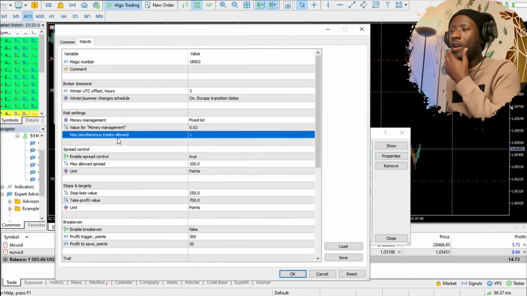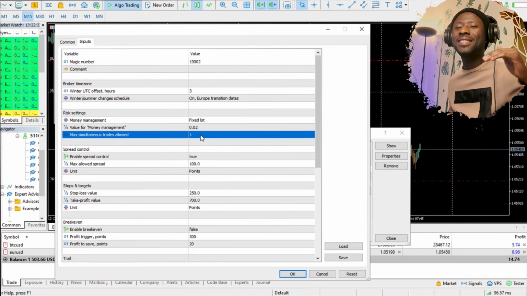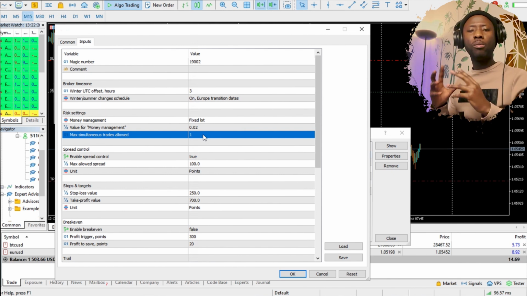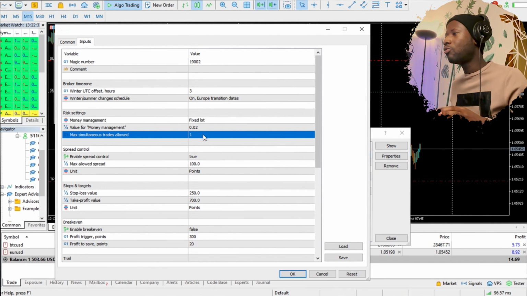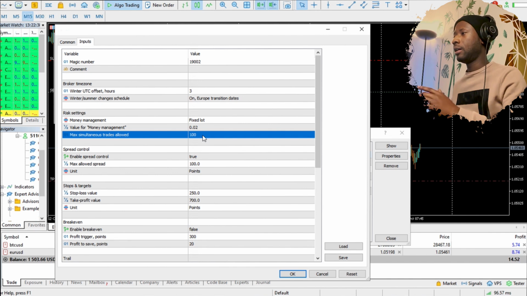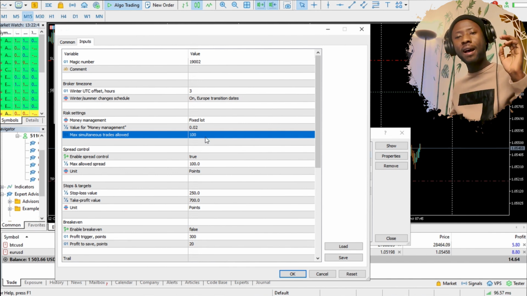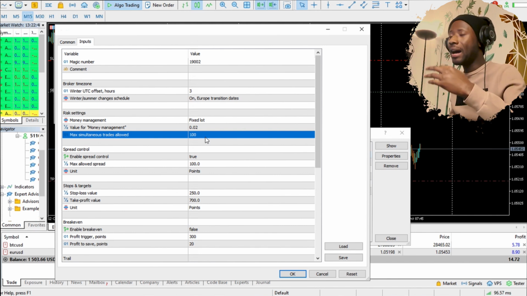Now, simultaneous trade allowed. You can set your robot to stack trades. I don't want my robot to stack trades. I want my robot to open one trade at a time. I can tell the robot right now to take 100 trades, and it will do it. When it finds the right setup, it will open 100 trades, based on some other parameters.